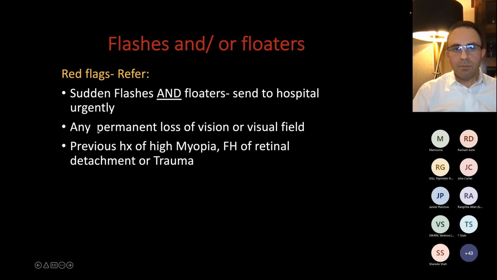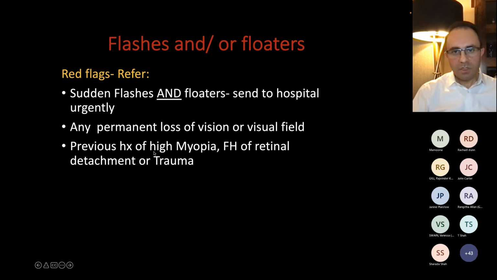Or if there is any permanent loss of vision or visual field. If the patient lost their vision, that's most likely a retinal detachment, especially if it was preceded by the flashes and floaters. Or if they lost part of their vision, that could be a localized retinal detachment, which is not involving the macula yet.